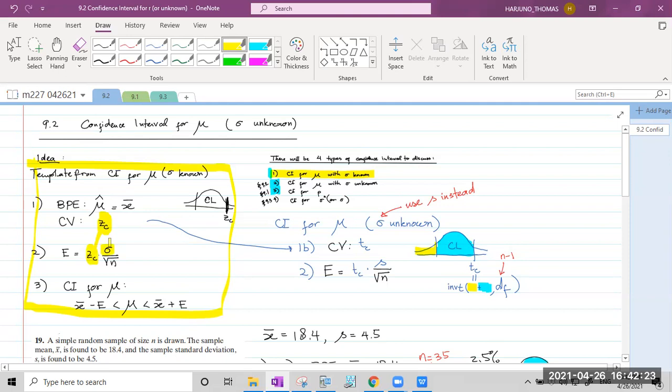If sigma is unknown, then the critical value becomes the t distribution instead of the standard normal. But the formula for margin of error is basically the same pattern: you use the critical value multiplied by the sample standard deviation in place of the population standard deviation. That's basically the only change.